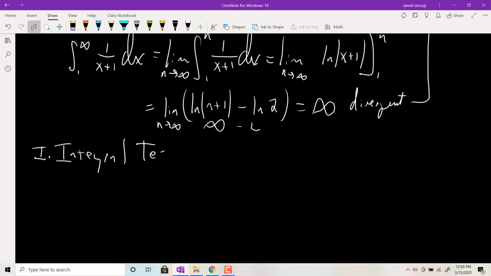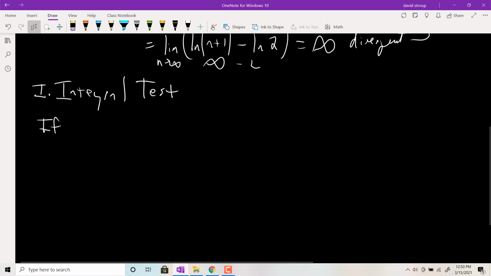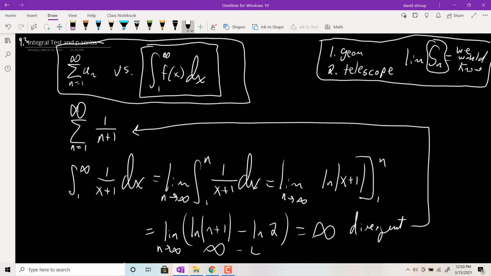Integral test, and so what is the integral test officially? There are some suppositions you need to hold. So we're comparing this series to this function, this integral of a function, an improper integral, and basically, all you're doing is rewriting a sub n as f of x.